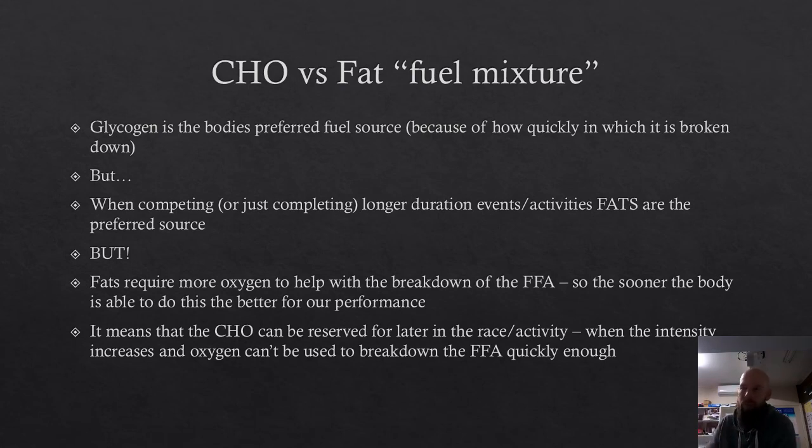So if we had two people doing the same event, but one person has trained their body to use the fats predominantly at an earlier point in time, it means that towards the end of the race, when the intensity increases, let's say in that last kilometer, the person who's trained their body to use the fats earlier on has more carbohydrate stores, which means they're able to work at a higher intensity than that other person.